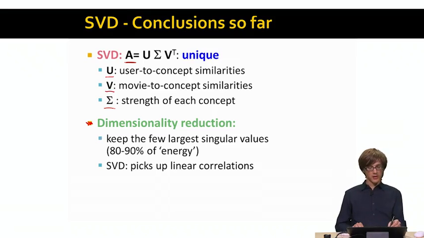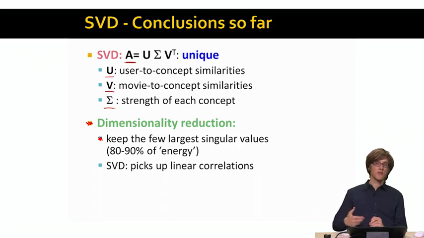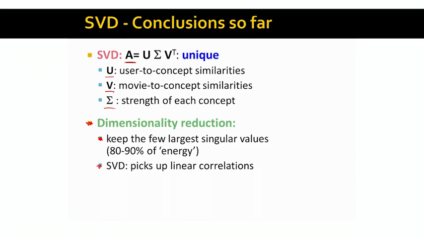We pick enough singular values such that 80 to 90% of all the energy is preserved, with energy defined as the sum of the squared singular values. And the other thing we saw from the data is that singular value decomposition is able to pick up or identify linear correlations in the data. So it's able to identify the dimensions along which the data is spread out the most.